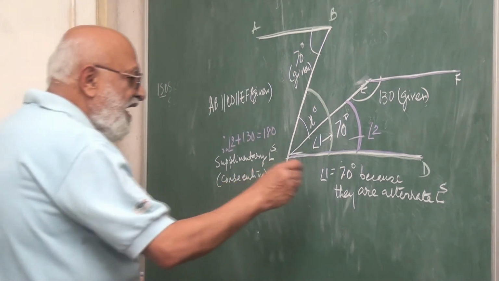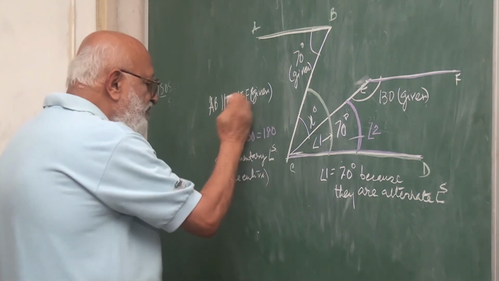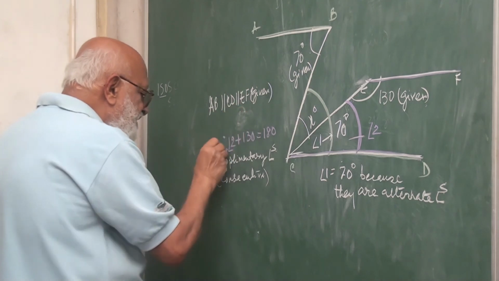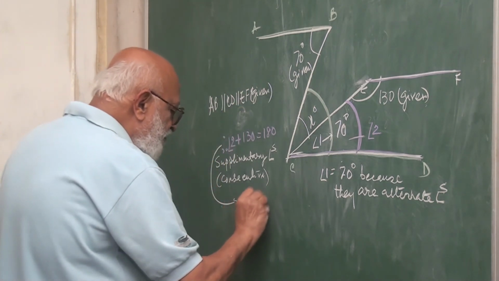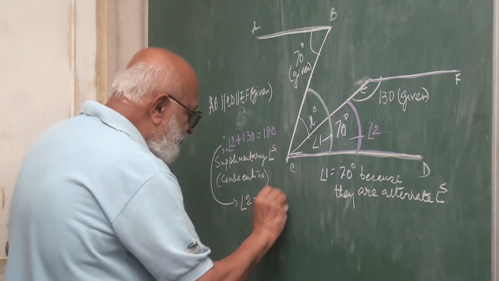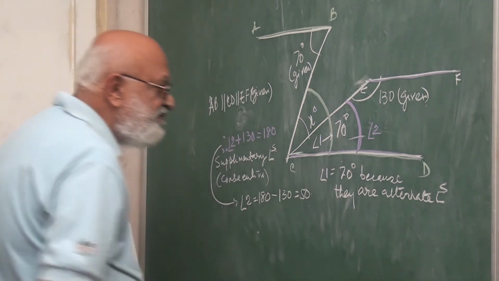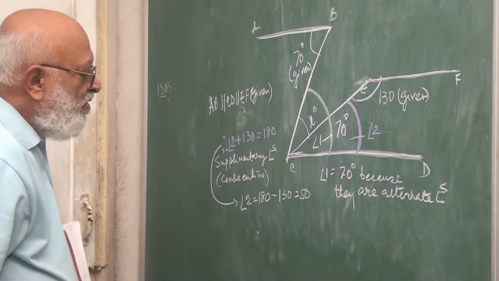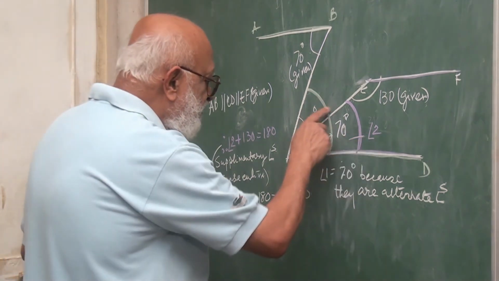From here I get angle 2. So angle 2 is equal to 180 minus 130, that is equal to 50. So the smaller angle, angle 2, is 50.